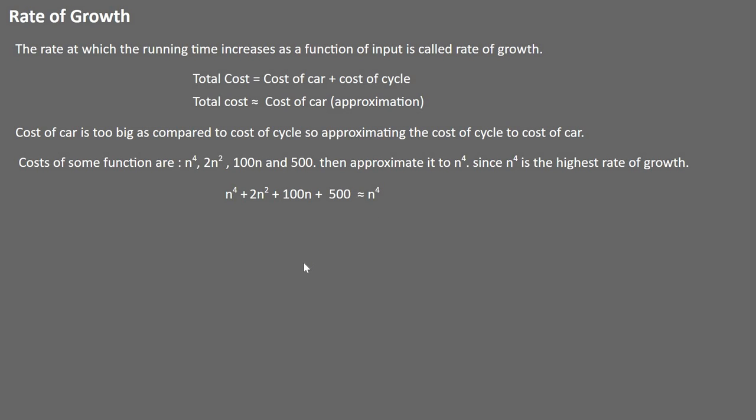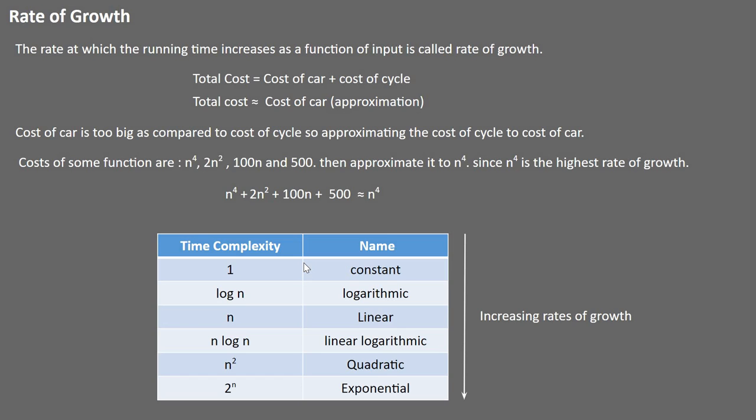Now if I take the rate of growth of different terms, 500 can be written as 1, and here 1 means n raised to power 0. Then there is n raised to power 1, 2, and n raised to power 3 also, and so on. This is how the values are.